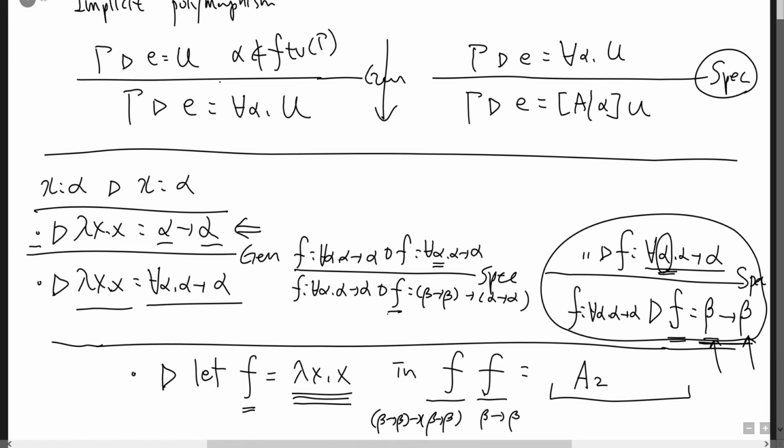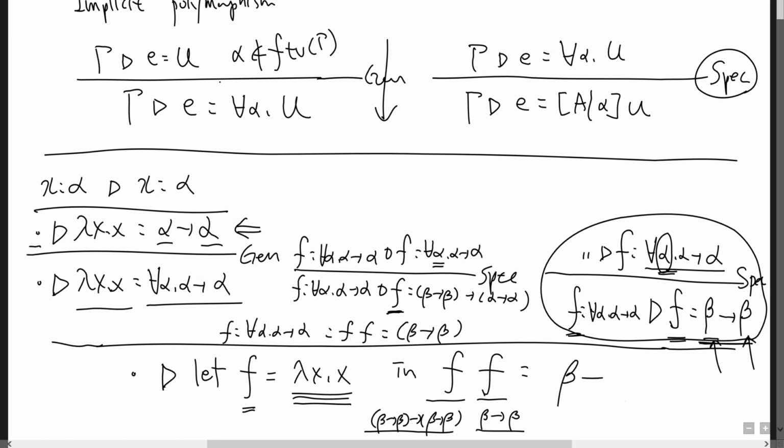Now the first f has this type, the second f has this type. So by the application rule, f has a type beta arrow beta under the same typing context. And finally, the whole left binding expression is going to be assigned type beta arrow beta.